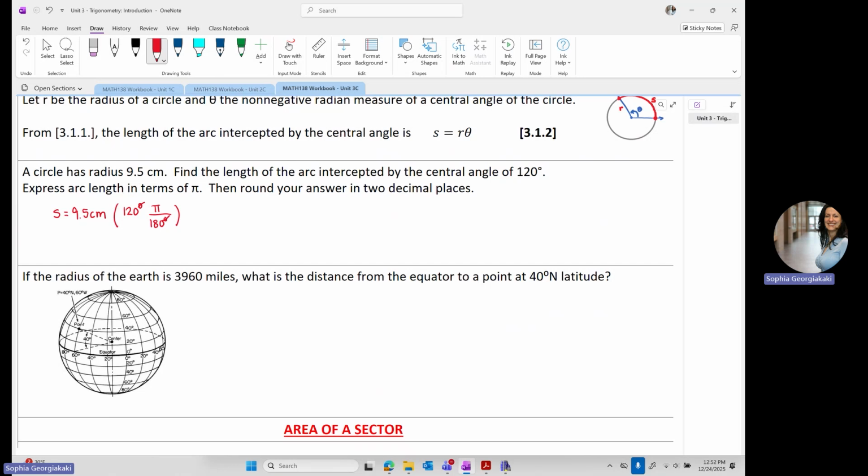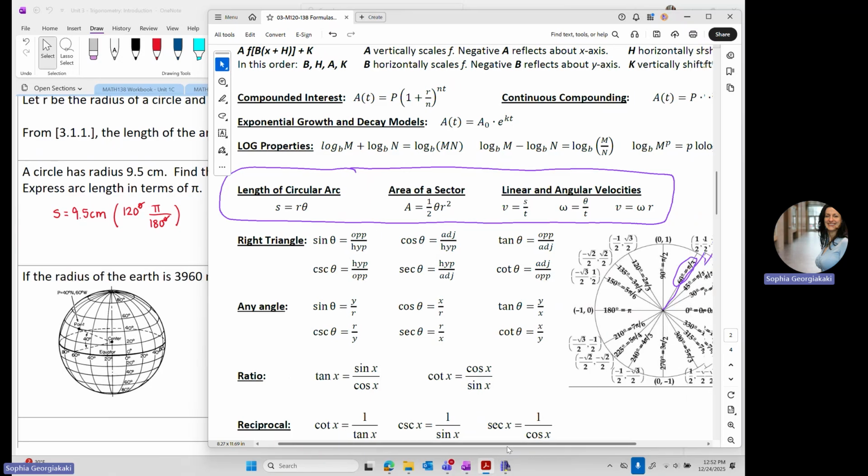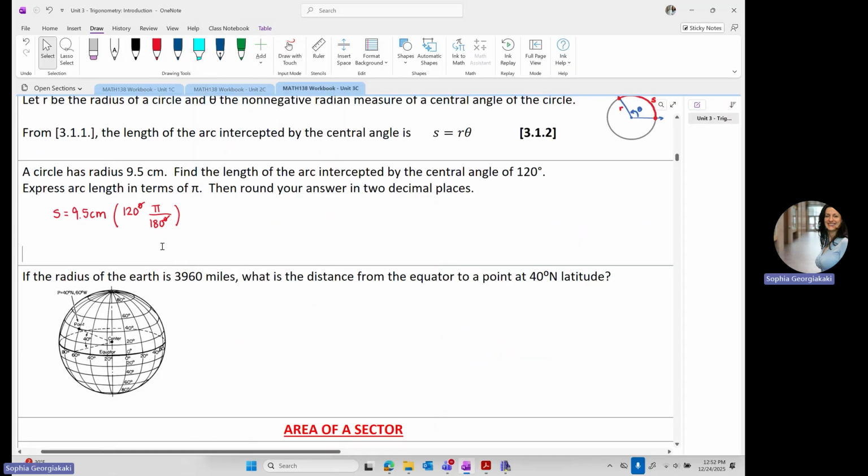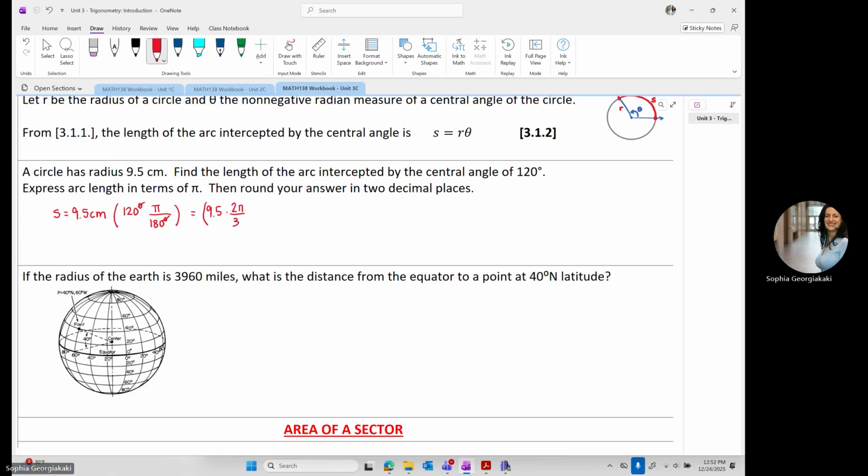So you could directly write it in terms of radians. You can also look in the formula packet where 120 degrees is one of the listed angles, and the answer would be 2 pi thirds. So I have here 9.5 times 2 pi thirds centimeters.